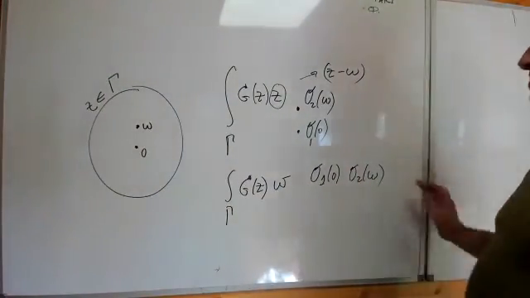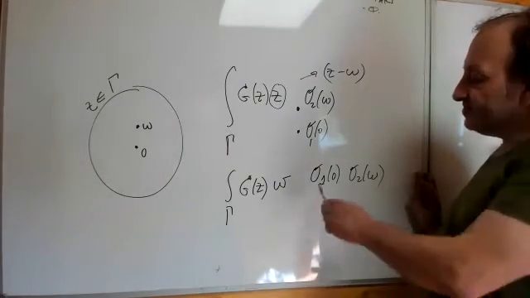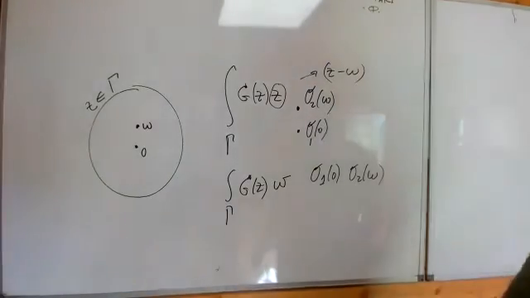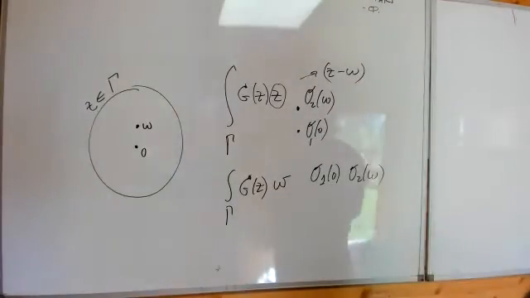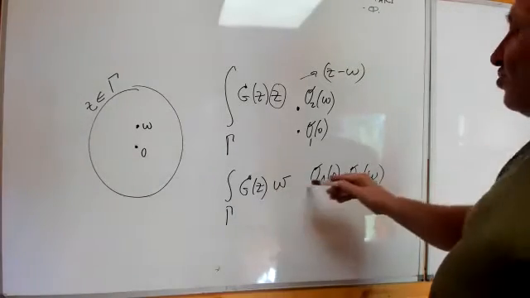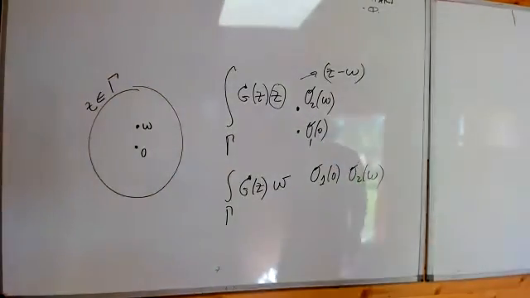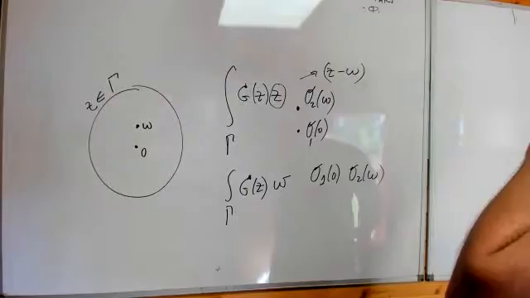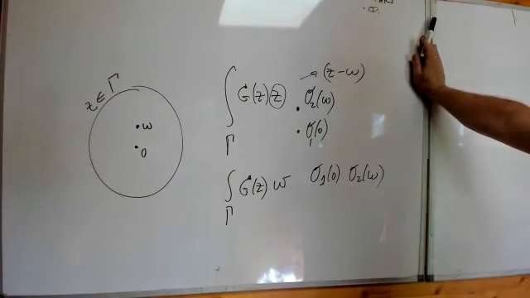And I definitely have an extra term. This extra term comes from the first order pole. Suppose that G of Z has a first order pole with O1 and O2. Then it will be this pole.